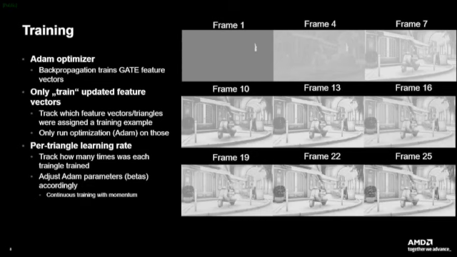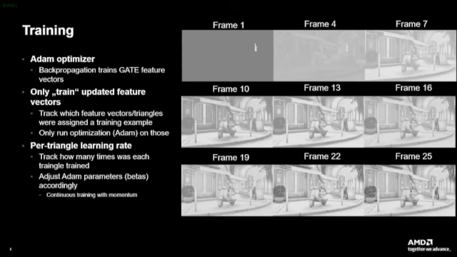So we have a side buffer where we store where the training samples have been assigned, and we only train those. And that enables us to do what we call per triangle learning rate. If you know how Adam works, it has some parameters called beta, which are updated after every training iteration based on the number of training iterations applied to the vector you are trying to train.